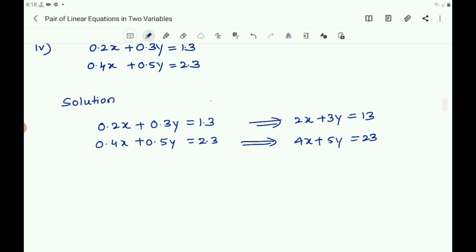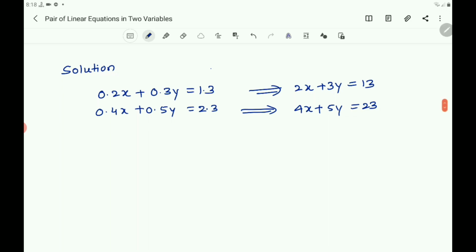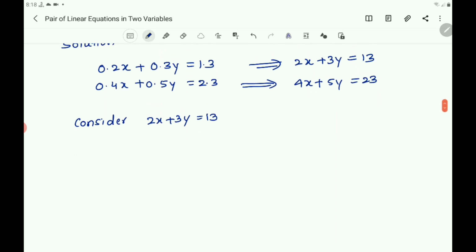Now, here you take any one of the equations, because in both equations the coefficient of both variables is not 1. So you consider the first equation, 2x plus 3y equals 13.